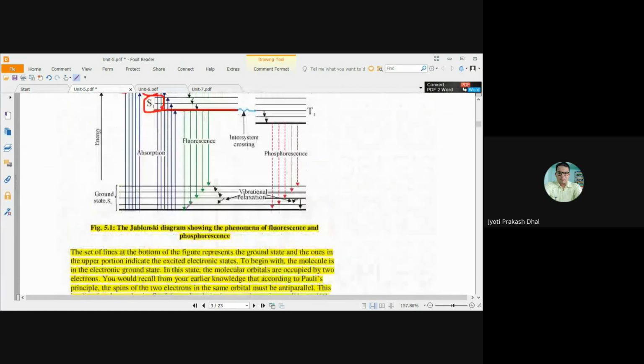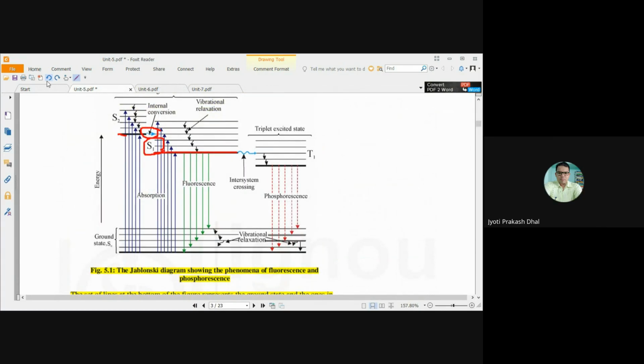That means the molecule is now present in the ground vibrational energy level of the first excited singlet state, S1. From there, if it comes back to different vibrational energy levels of the ground electronic state, S0, this process is called fluorescence.